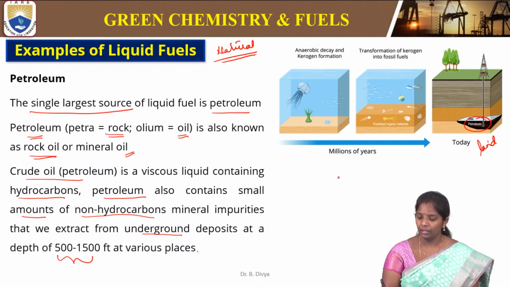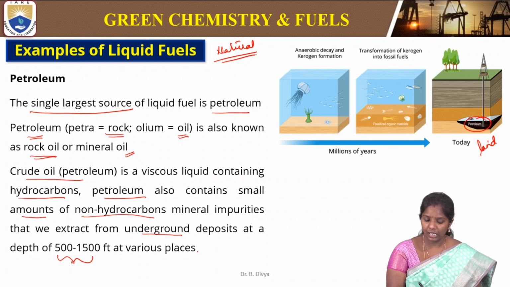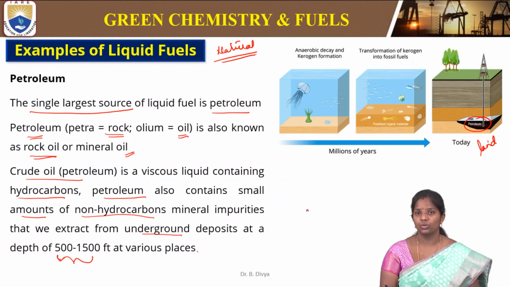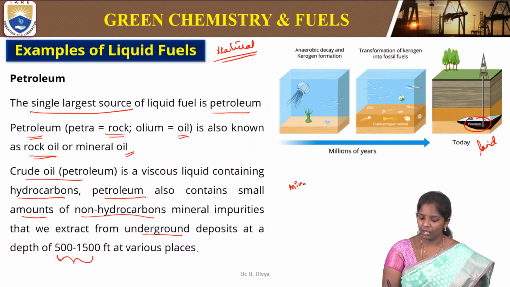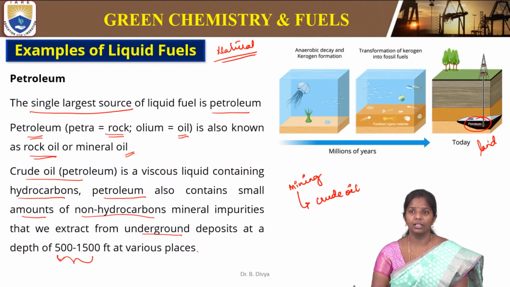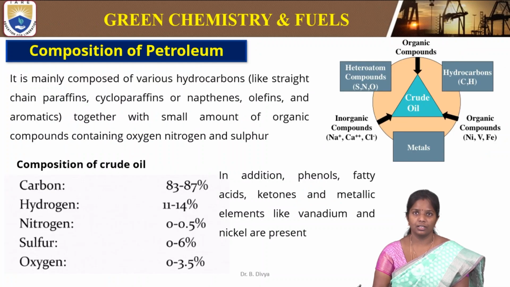We have to take that oil from beneath, from 500 to 1500 feet. That is where the oil or petroleum will be obtained. What is the oil that we obtain immediately from mining? Crude oil. That is what we obtain immediately from the earth or seabeds.